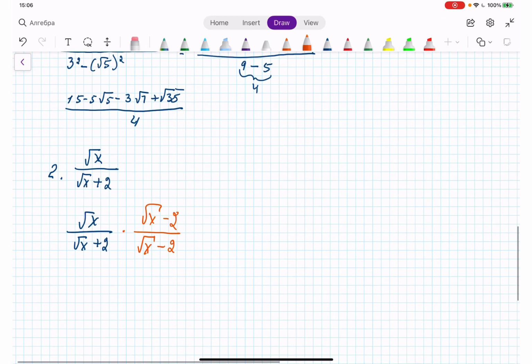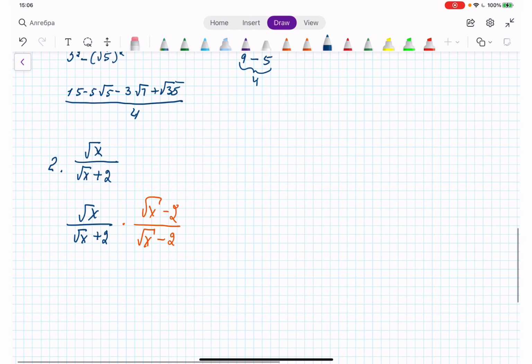And as a result, we are going to get, so what is going to happen, square root x times square root x minus 2 times square root x, right? I just distributed the square root x multiplied by this and then by 2. And from here, we get in denominator square root x plus 2 times square root x minus 2.